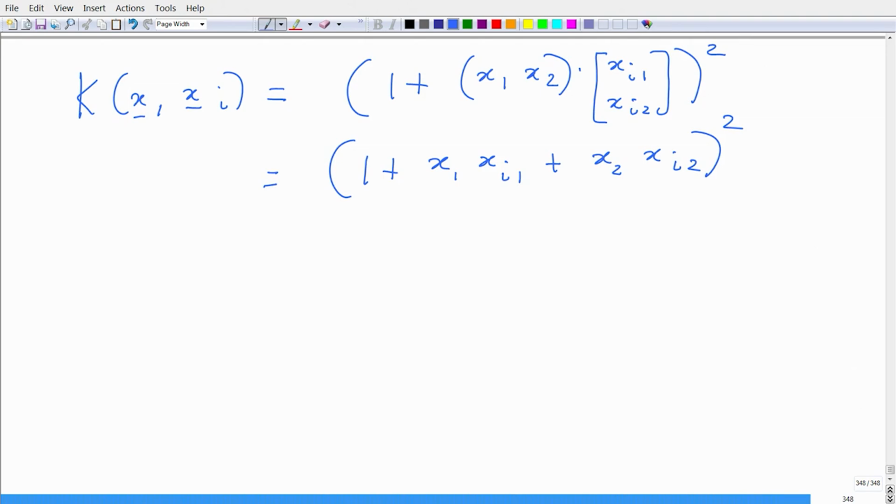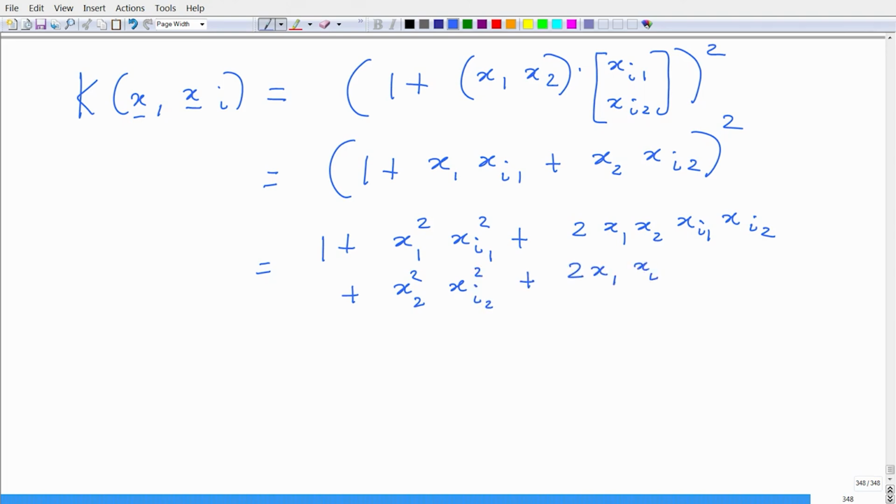So this is straightforward. I can compute this as 1 plus x1 square xi1 square plus 2 x1 x2 xi1 xi2 plus x2 square xi2 square plus 2 x1 xi1 plus 2 x2 xi2, right.